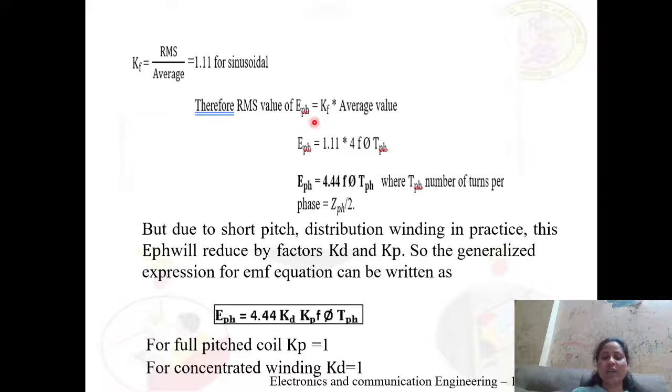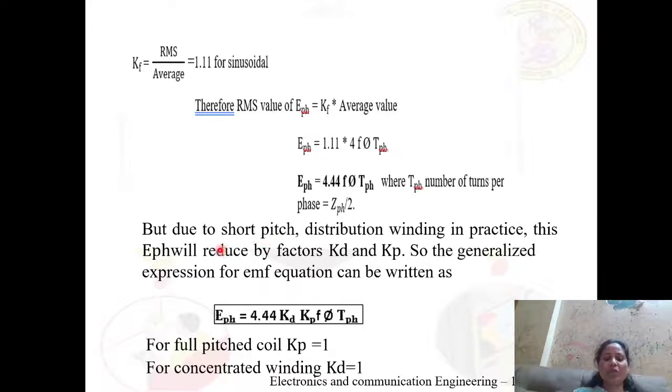Therefore, the RMS EMF in a single phase is equal to Kf into the average value, which is 4 phi f into TPH. If we simplify this, we get the EMF in a single phase equal to 4.44 times f phi TPH, where TPH is the number of turns in a single phase, which is nothing but ZPH by 2, where ZPH is the number of conductors in a single phase.